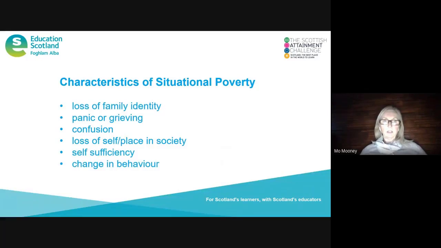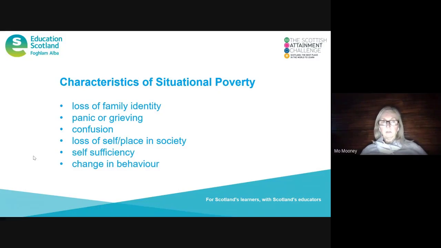So that's some of the characteristics of situational poverty. A lack of job or resources can affect family identity, and it can lead to heightened anxiety and or depression. Now, this can happen to the children too, so it doesn't just affect the adults.